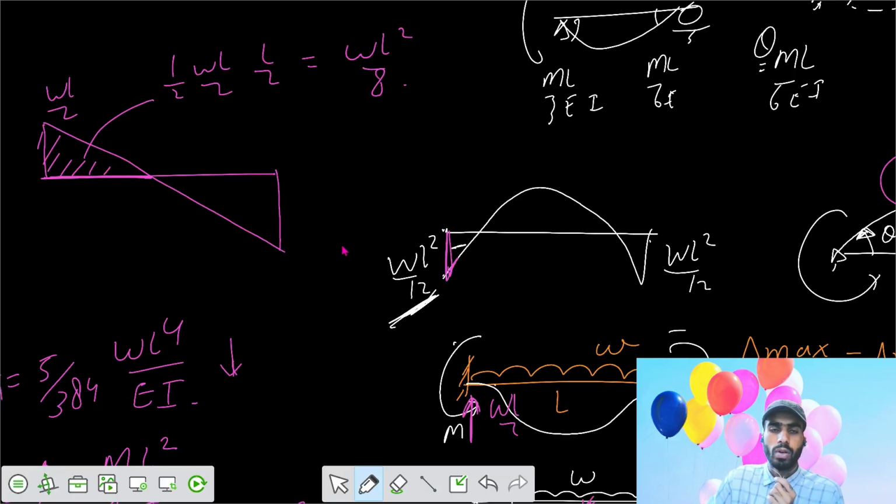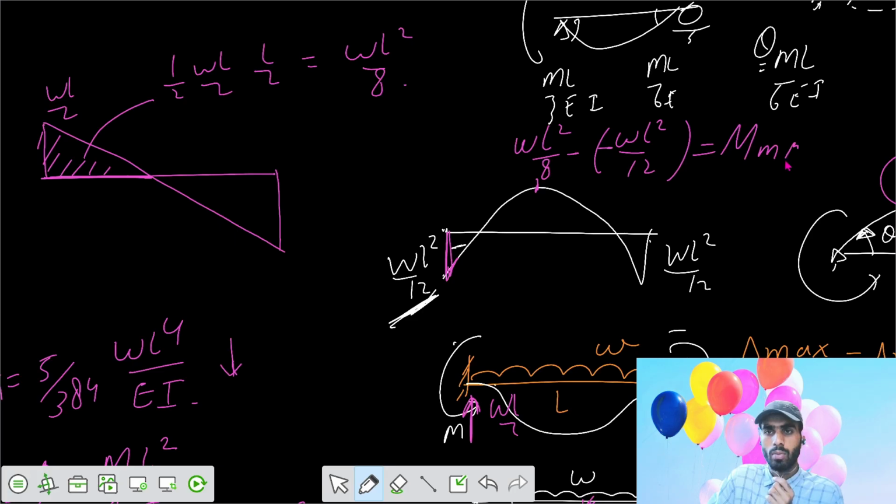So when you want the value of bending moment here, we write the area of the triangle, WL square by 8, minus WL square by 12. That's the moment at mid. That's 8 inverse and minus 12 inverse.